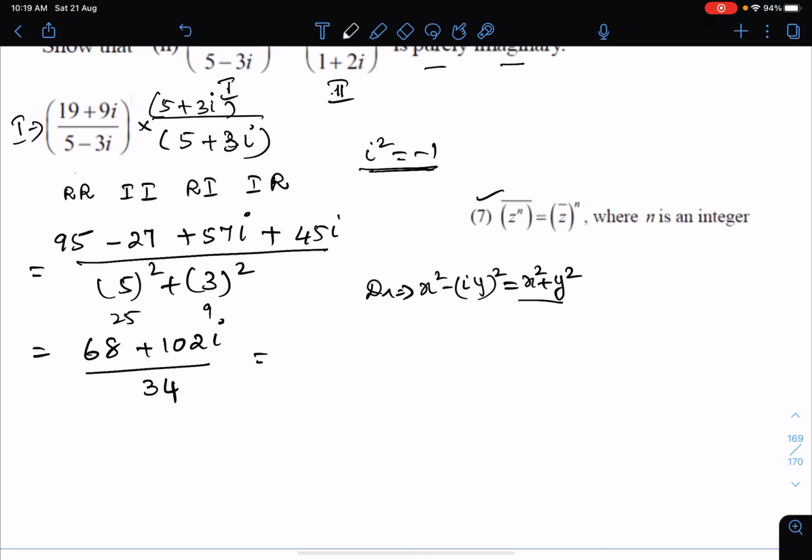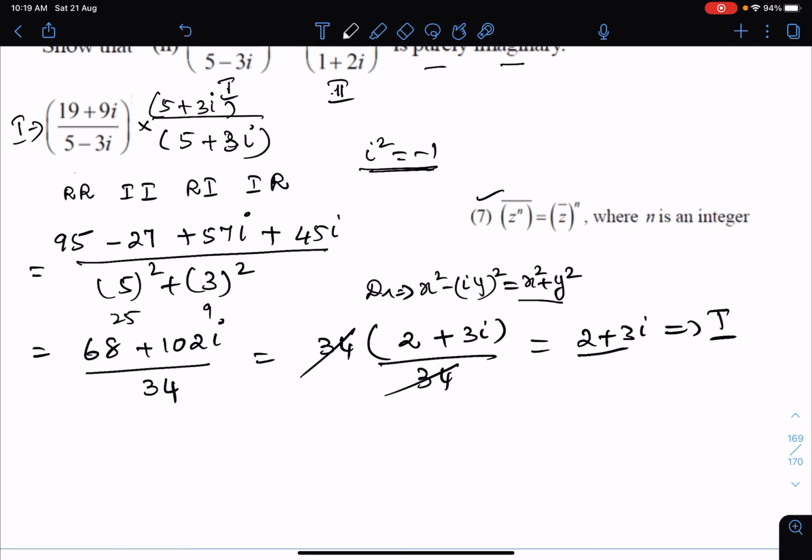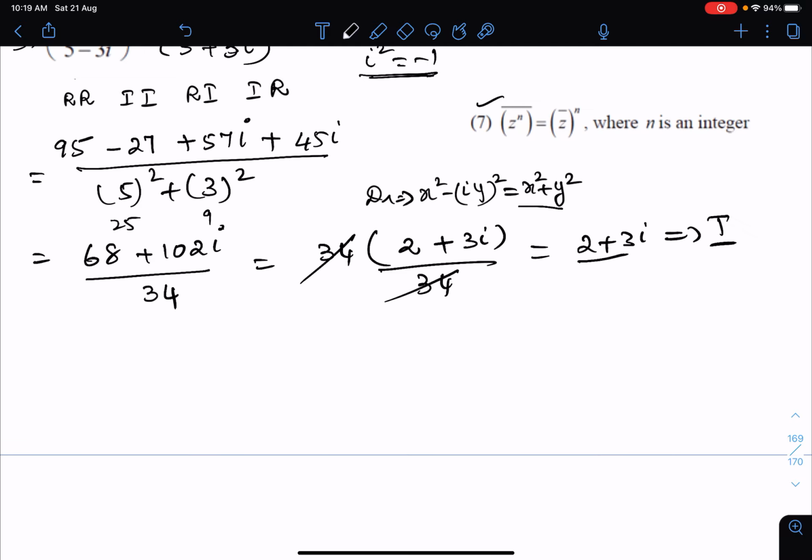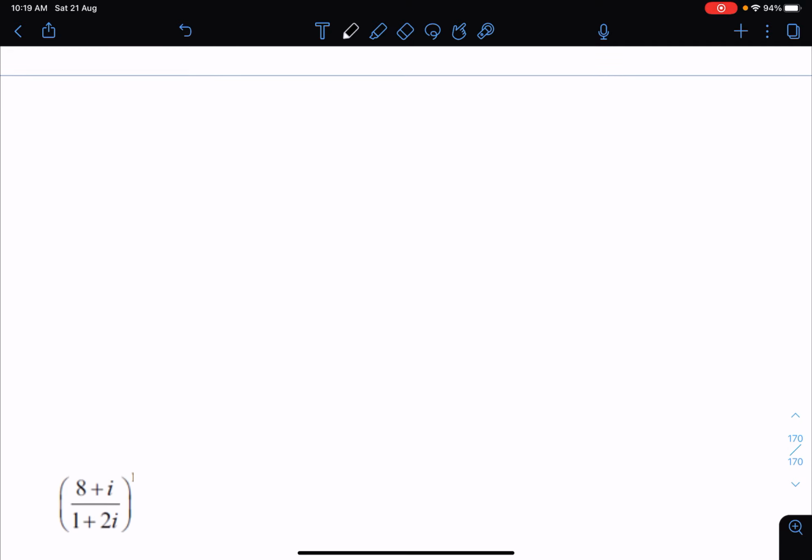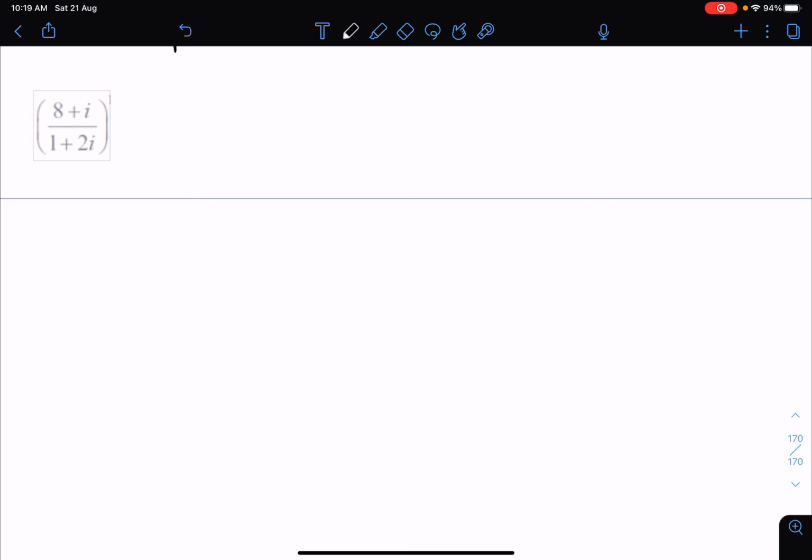Now taking 34 common in the numerator, you get 2 plus 3i by 34. So you can cancel the 34. Your first Roman letter is going to be 2 plus 3i. Still we have got the powers. So first we will simplify the fractions one by one into rectangular form, and then we do the combination of both.